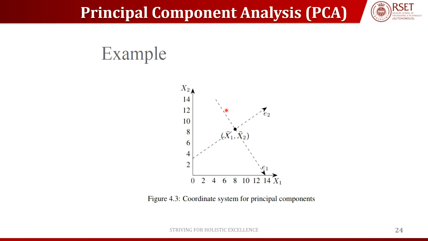Then first we have to draw E1. We already got the values for E1 as 0.5574 and minus 0.8303. That vector tells us to move 0.5574 units in the positive x1 direction and minus 0.8303 units in the x2 direction from the center.